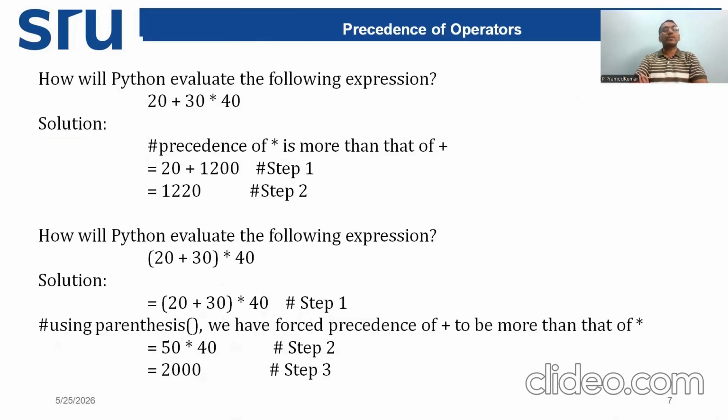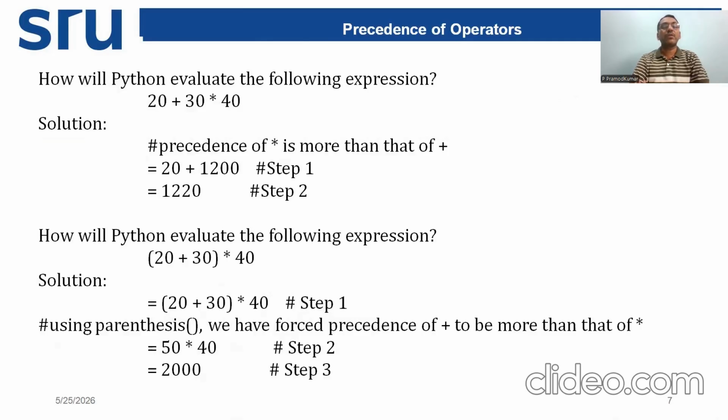Coming to the second one, in the same example, instead of giving priority to the multiplication symbol, I'm keeping 20 plus 30 within parentheses. Whichever sub-expression you keep inside the parentheses will be given the highest priority.